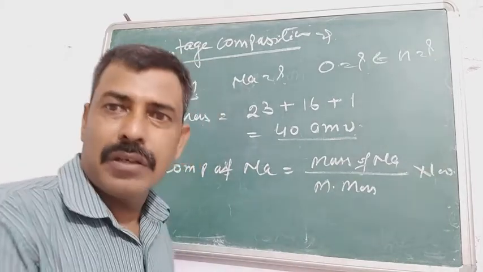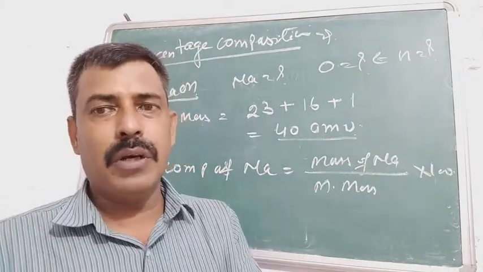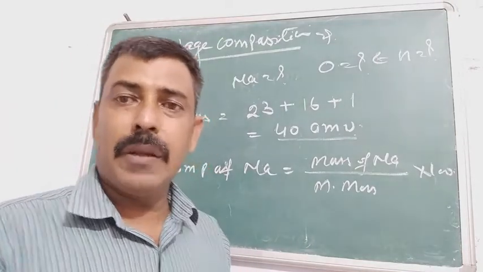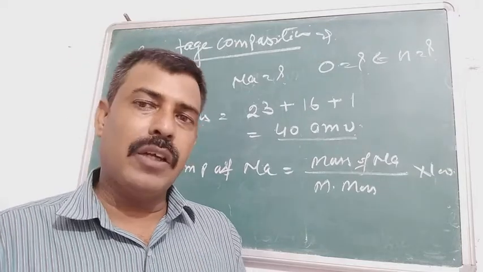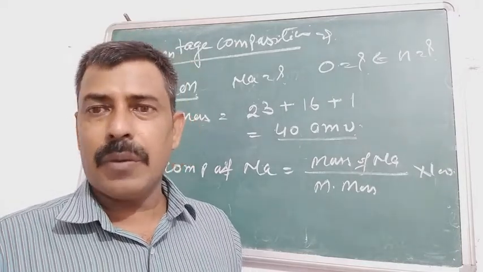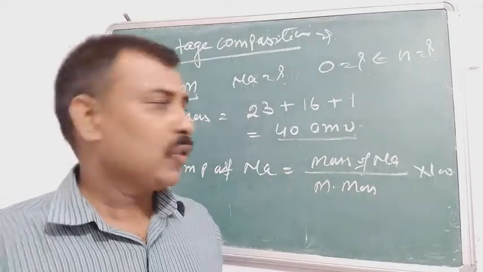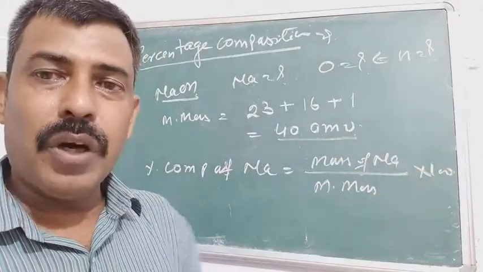Same as we were calculating in math, the given value upon total value into 100. Because percent means century. If you are considering that the total value is 100, then you are finding the value of that specific element. So mass of sodium upon molecular mass into 100.